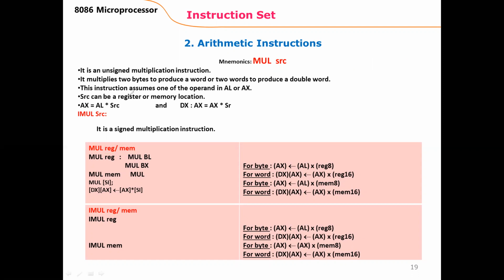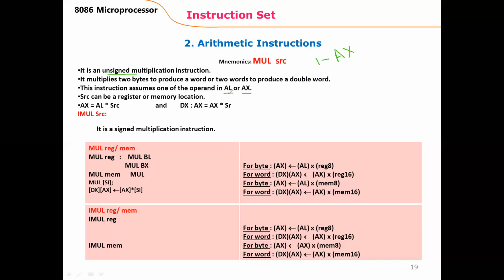MUL is used for unsigned multiplication of two numbers, where we assume that one operand is specified in the accumulator. Accumulator means AL, or in case of 8-bit operation, by default, one operand is mentioned in AL, and in case of 16-bit operation, by default, the one operand is stored in AX, means full 16-bit register.